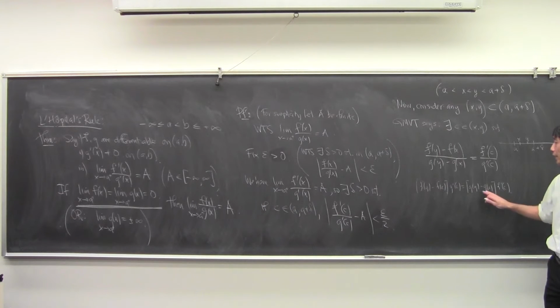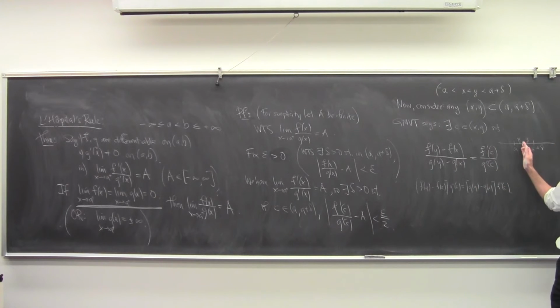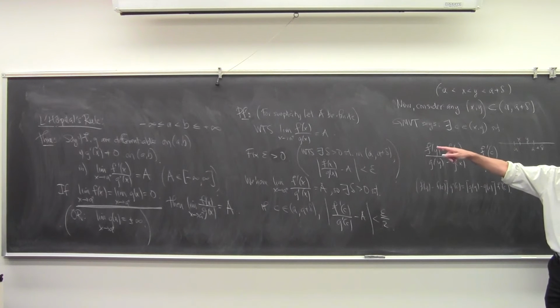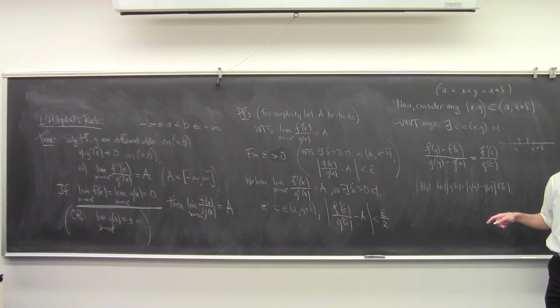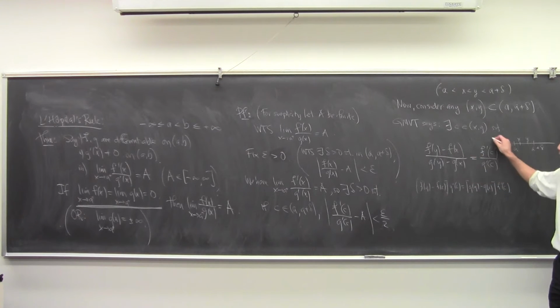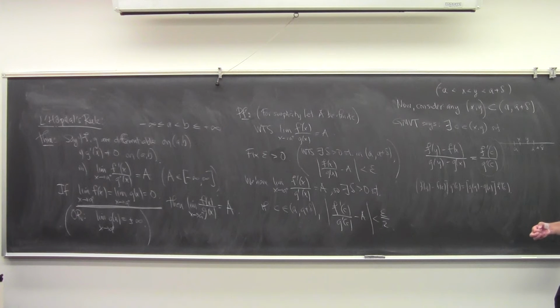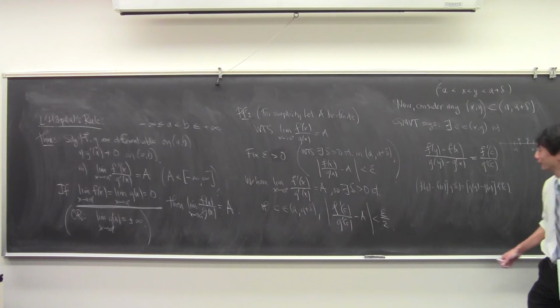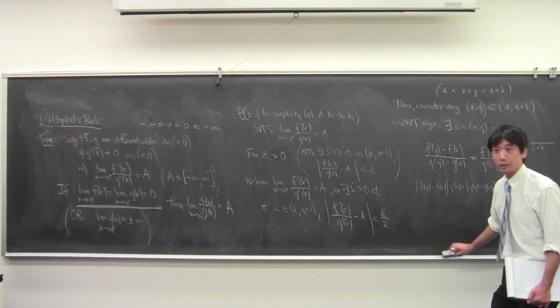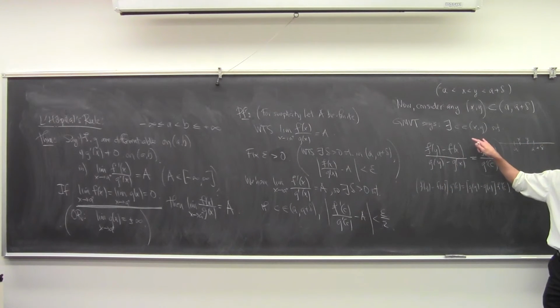And g of y is never equal to g of x, because if it were, then there would be some point in between where g prime is 0, but again, g prime is never 0. So we can divide by g of y minus g of x. And that starts to look suggestive, like L'Hopital's rule is coming close. Is everyone okay with the generalized mean value thing? Any questions?